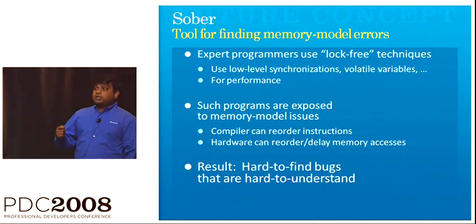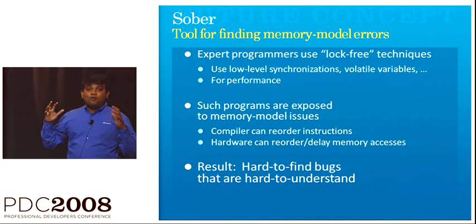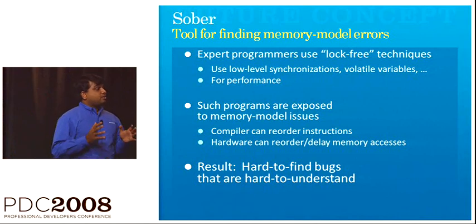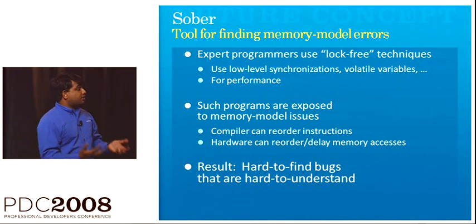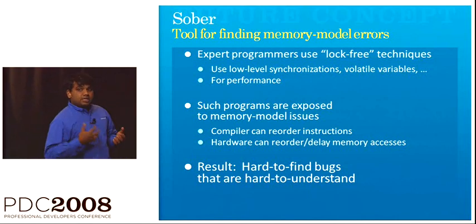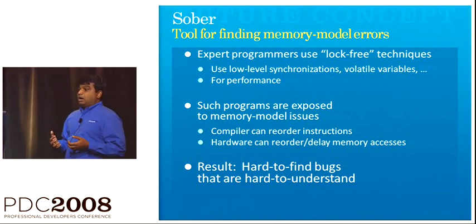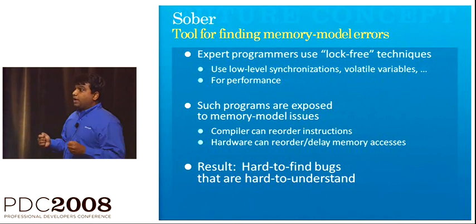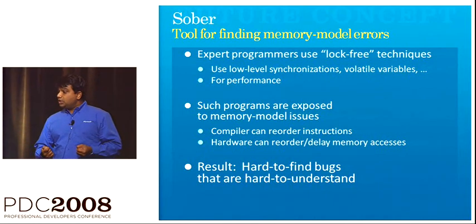If you're a programmer, you want to avoid exposing these memory model behaviors to your program as much as possible. But there are some people who have to put up with it. These are the guys who are writing the critical path in your program or writing super efficient concurrent libraries.